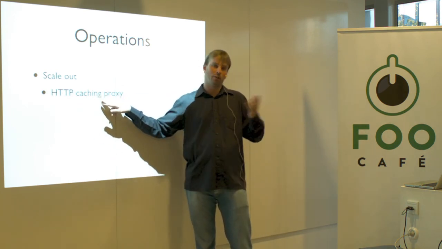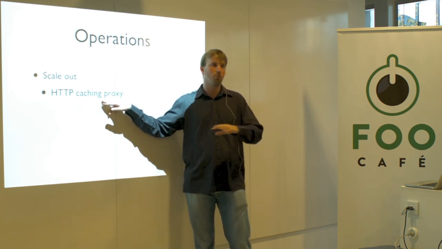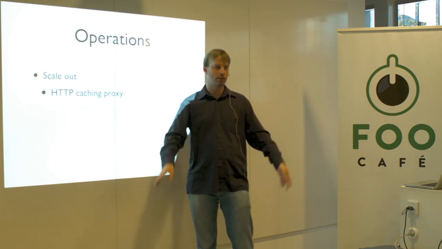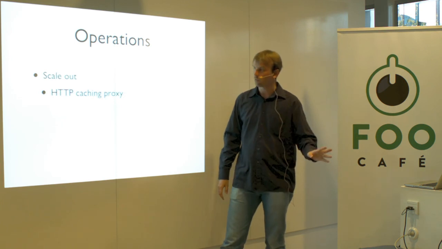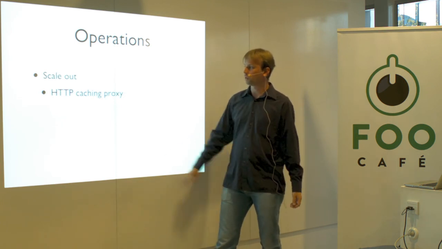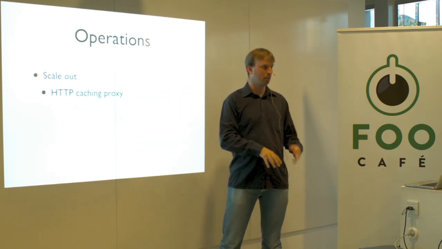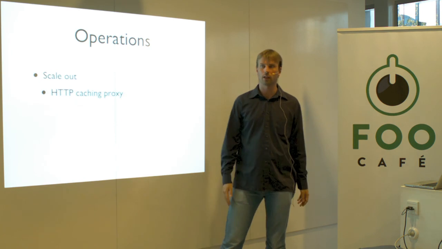For most people, it's going to be okay to just put up a web server serving these static files, and that's going to be just fine. But if for whatever reason that's not good enough for you, you can always put caching proxies in front of that, because it's all static data. There's nothing complicated about it at all.